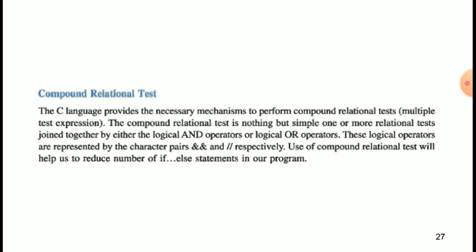These logical operators are represented by the character pairs double ampersand and double pipe respectively. Use of compound relational tests will help us reduce the number of if-else statements in our program.